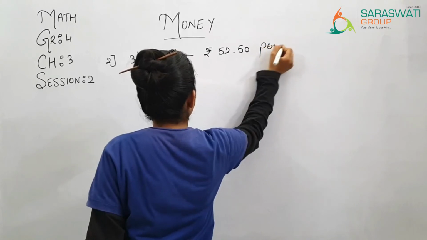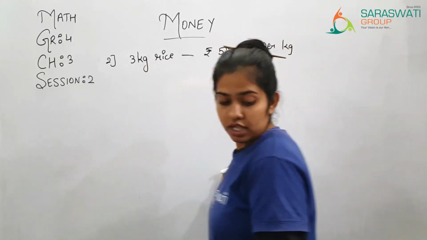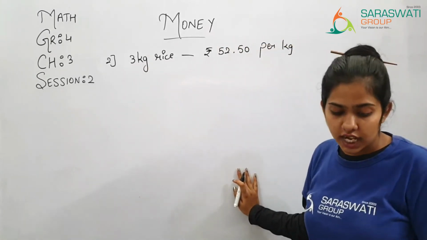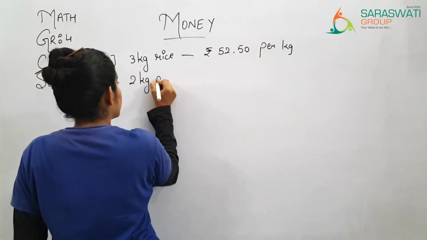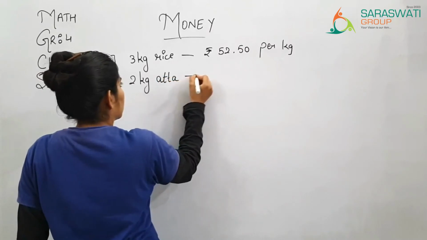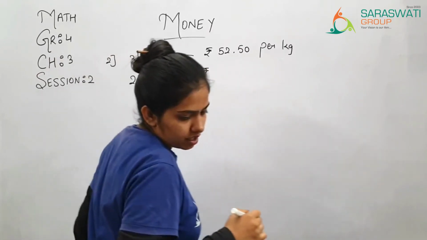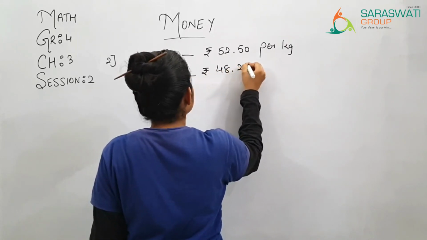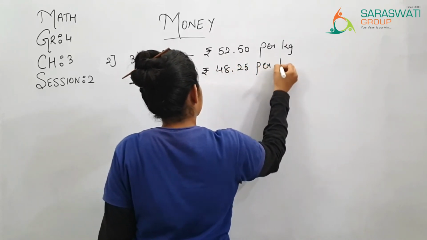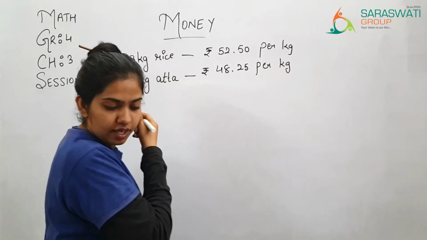per kg again, right? Then 2 kg atta at rupees 48.25 per kg.